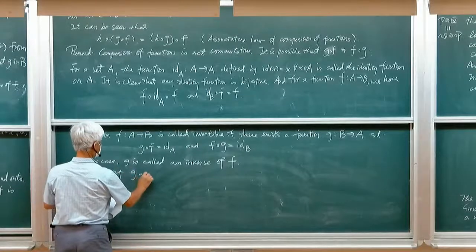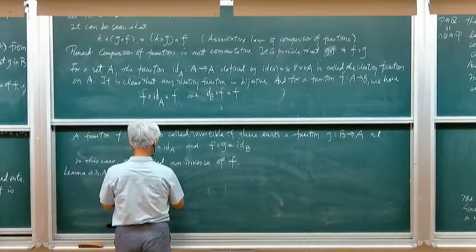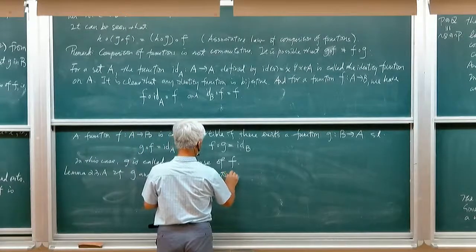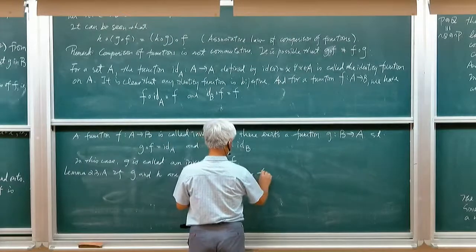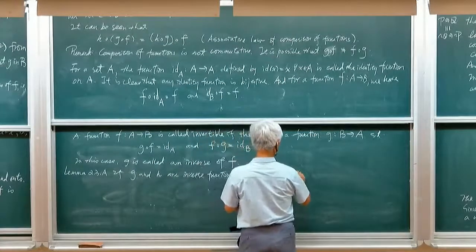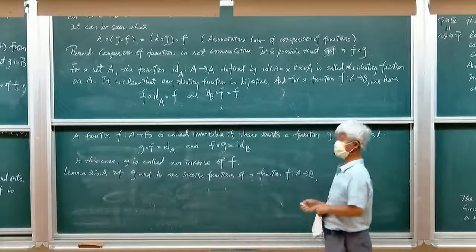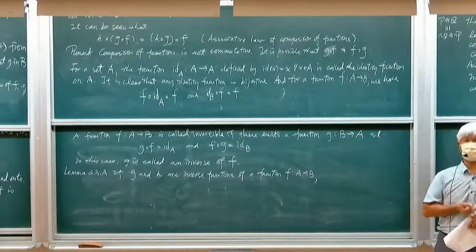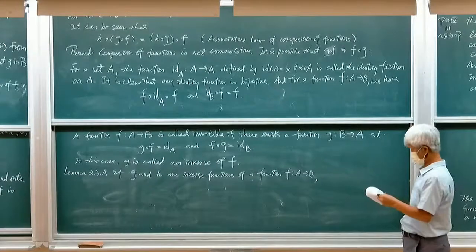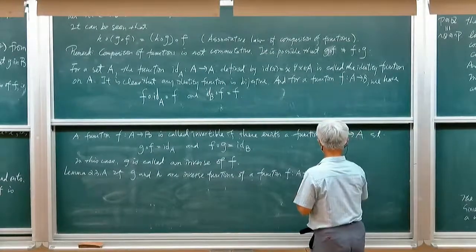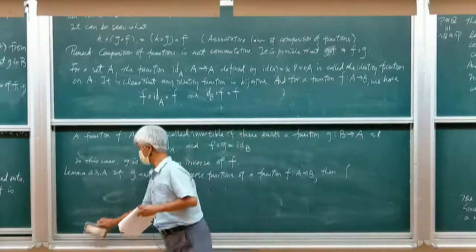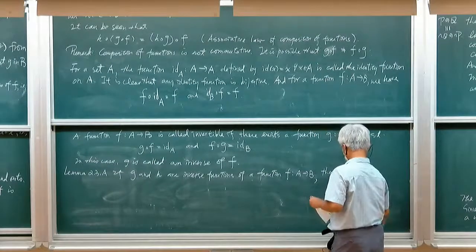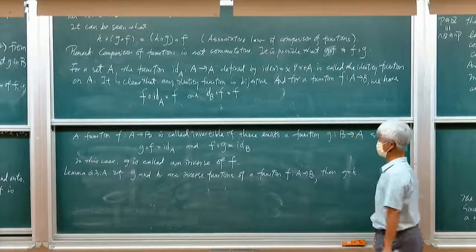If g and h are inverse functions of a function f from A to B, so suppose f is invertible and f has two inverses, g and h, then these two inverse functions must be equal.